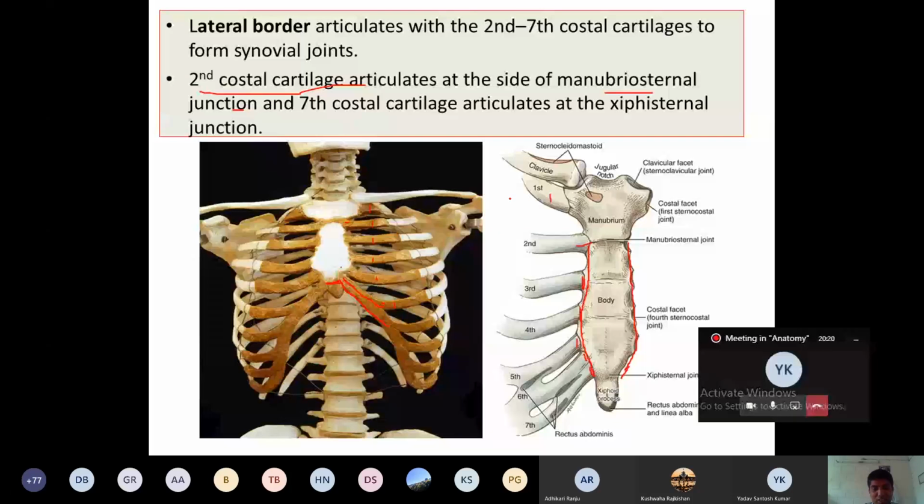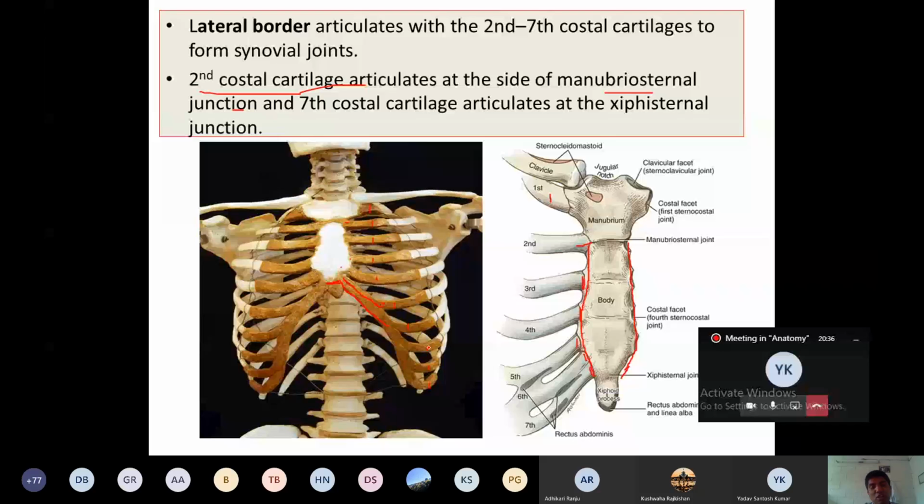Other ribs like the 8th, 9th, and 10th ribs are also articulated with the sternum, but indirectly. They will form the costal margin. See here, this one is the 7th rib, this one is the 8th rib, this is the 9th, and this one is the 10th. The costal cartilages of these lower ribs, the 8th, 9th, and 10th, form a structure here.